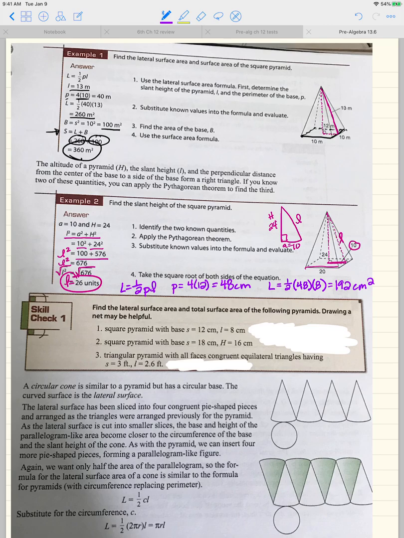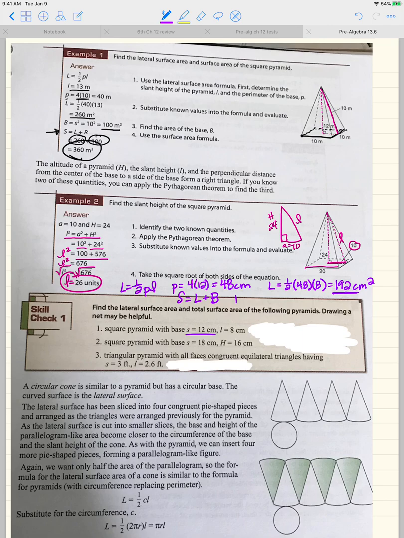Now we need to find the total surface area, the big S. Big S is equal to big L plus big B. We already know L. We figured it out right here. It's 192. Big B, in this case, is the area of the square base.